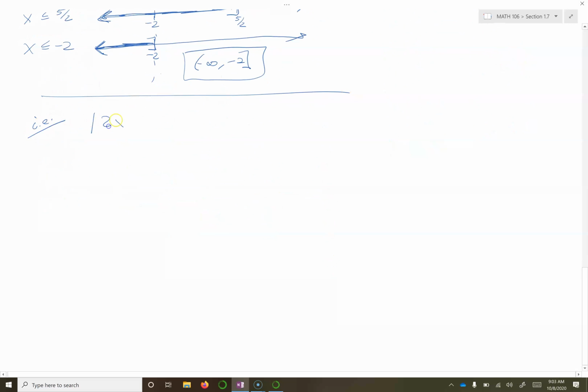Okay, 2x plus 3 greater than or equal to 6, so we have a greater than. All right, we're going to split this up. So it's 2x plus 3 greater than or equal to 6, and then 2x plus 3, and again, this is an or, greater than or equal to negative 6.